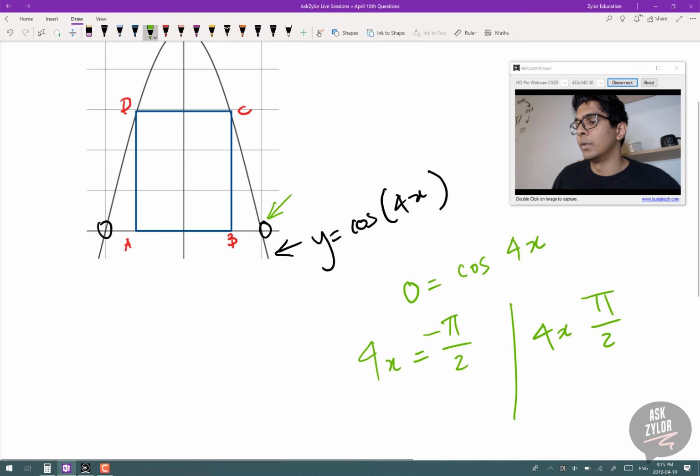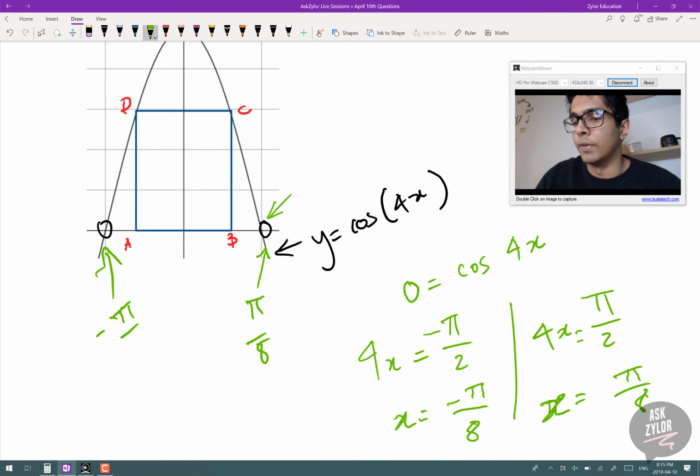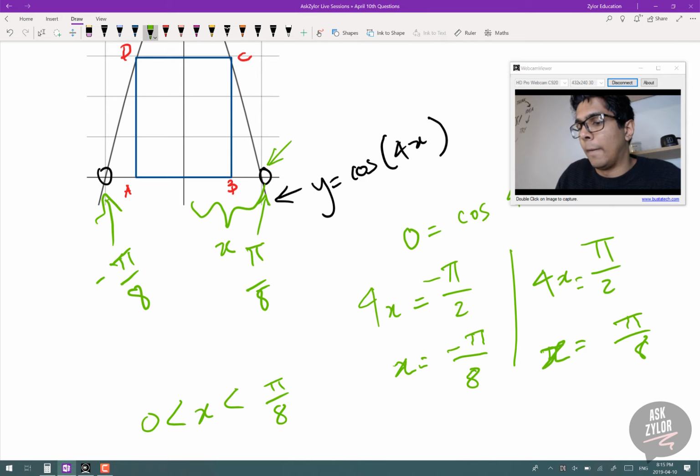That means my x values are going to be negative pi over 8, and x is equal to positive pi over 8. Right, so these points are going to be pi over 8, and this is going to be negative pi over 8. So my x value is essentially that. So my x can only be greater than 0 or less than pi over 8.